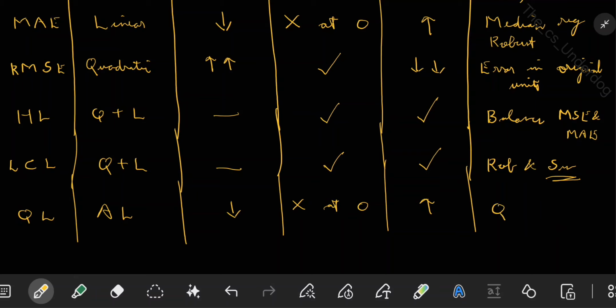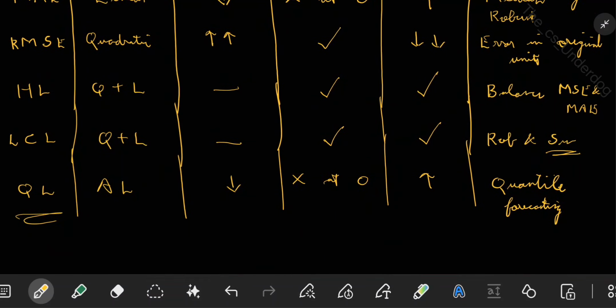So when you want your answer to be some particular quantile, let us say you want quantile forecasting. I don't have space, I'll write it here. If you want to do quantile forecasting, so instead of the mean or median, if you want to find some particular quantile, this is the use case for using quantile loss. So it is slightly different from the use case of all other loss functions.